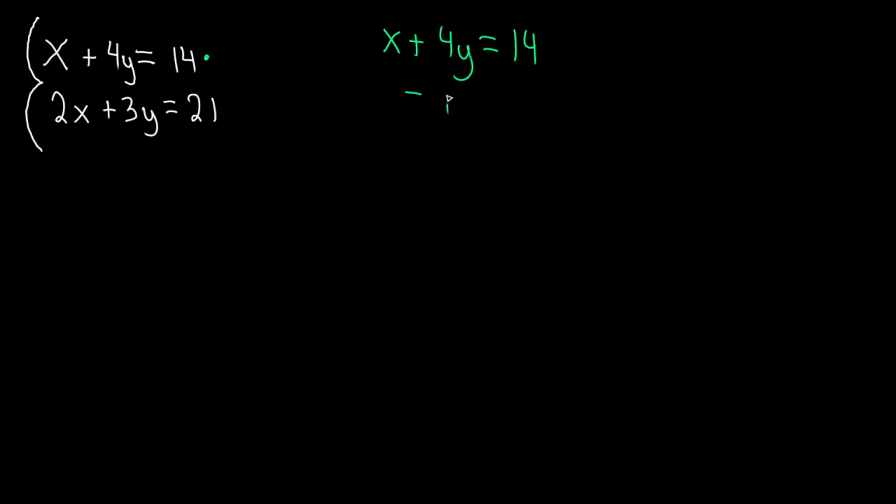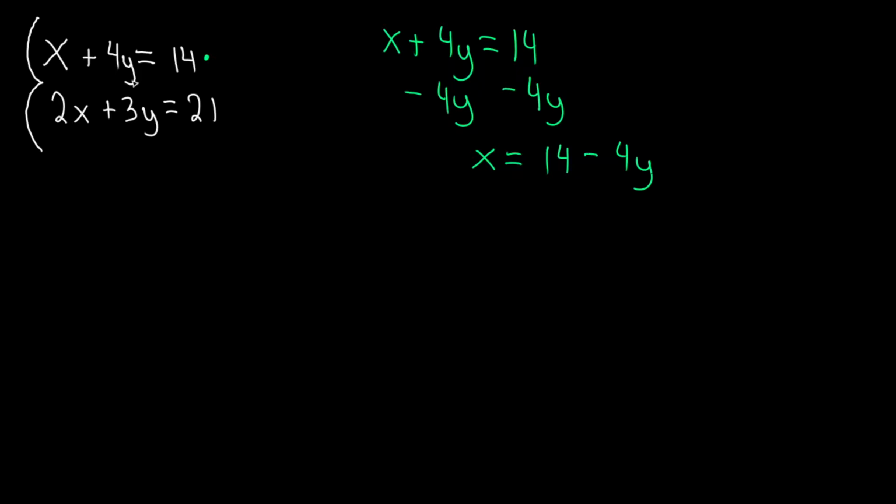We can get rid of the 4y to get x alone. We'll move it over to the right side, I should say, in order to get that x is equal to 14 minus 4y.